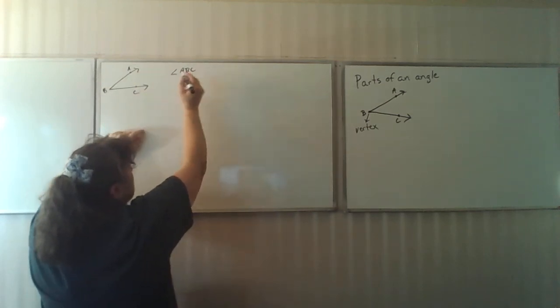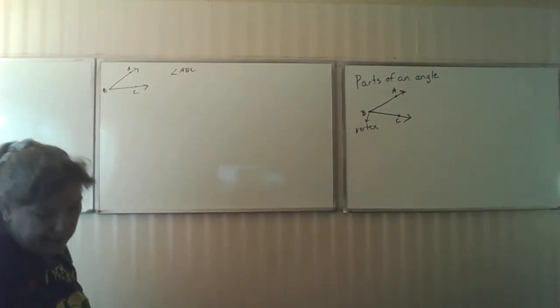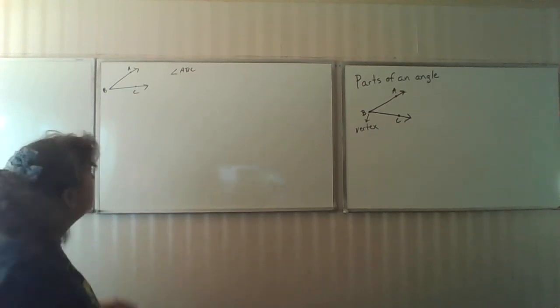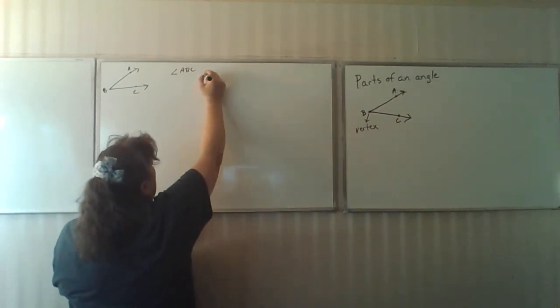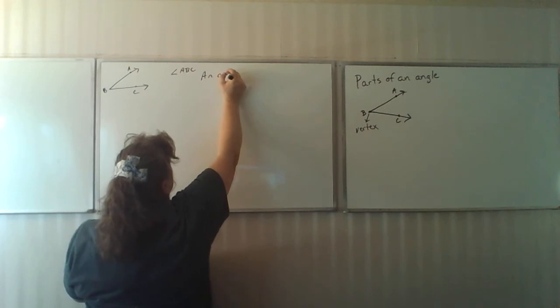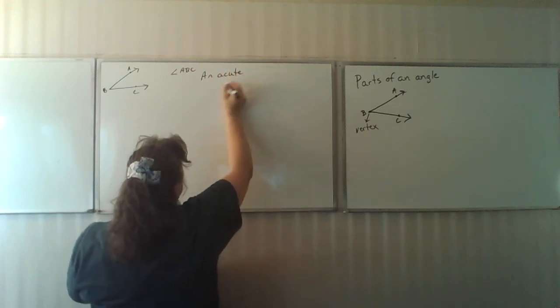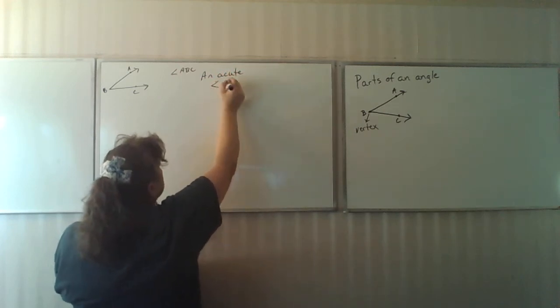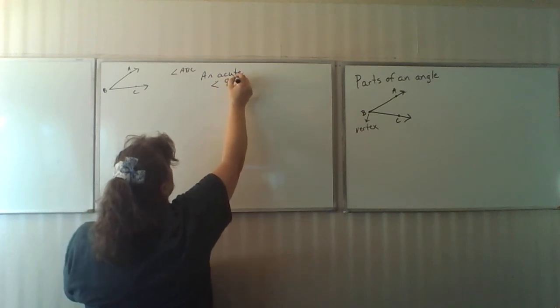The vertex is between the points on the rays. So this angle would be called an acute angle. It is an acute angle because it is less than 90 degrees.